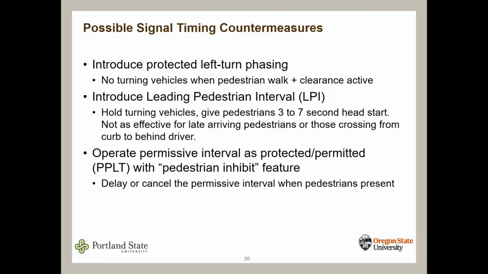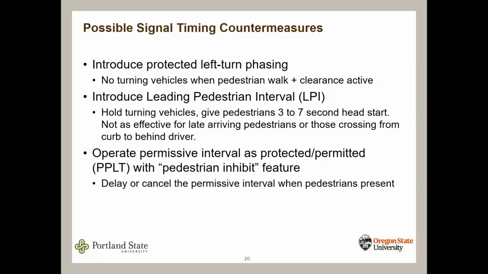So we know that this is an issue at signalized intersections, and allowing a permissive left turn sort of sets up this crash type to happen, right? So obviously, one option that you could do, and the permissive movement, right, is generally driven by the desire to reduce the delay for the left turning vehicles, and probably for all of the vehicles in the intersection.